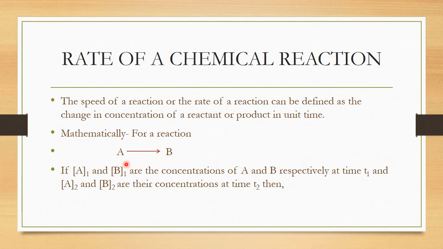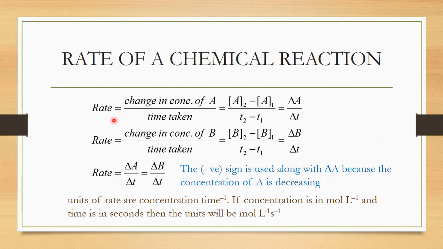Mathematically, let us consider a reaction A changes to B. If A1 and B1 are the concentrations of A and B at time T1 and A2 and B2 are their concentrations at time T2, then what will be the rate?